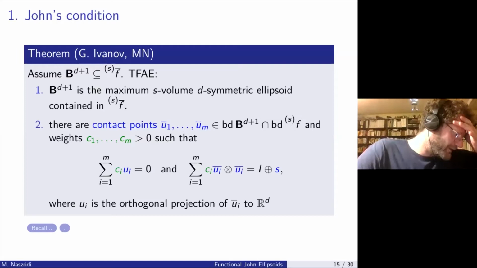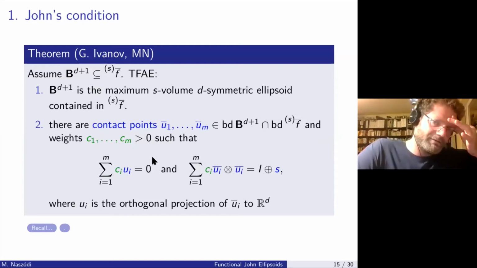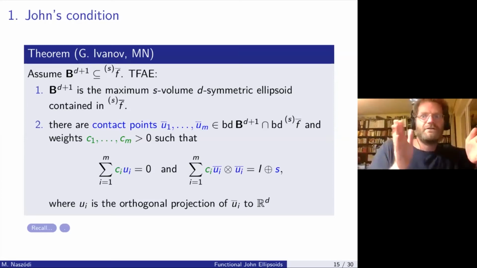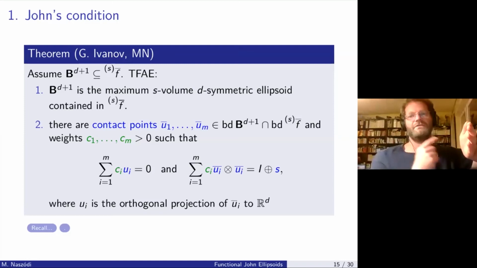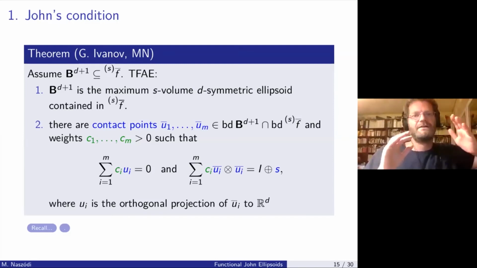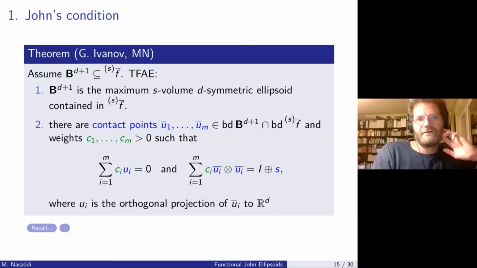I guess that would say something. Well, it would say something like this: you take the d-dimensional unit ball and the unit height cylinder over this ball, and that is contained in F. That would be the case.